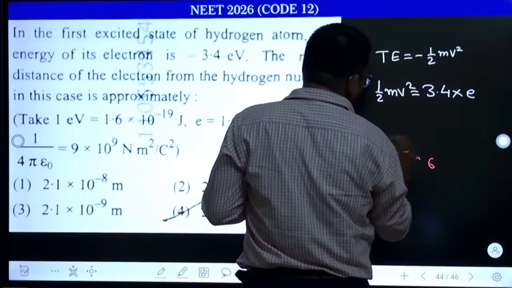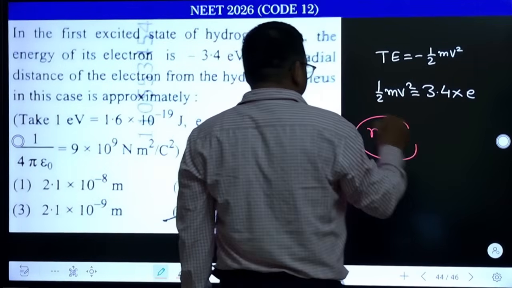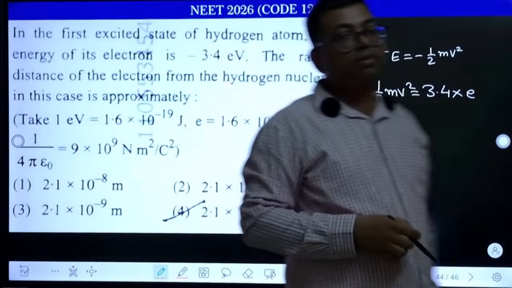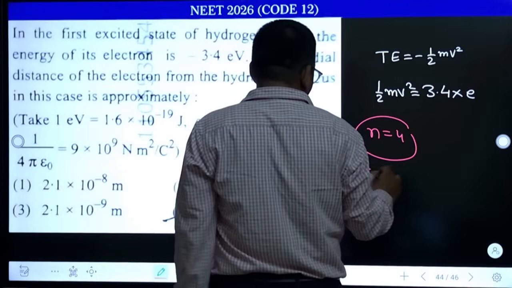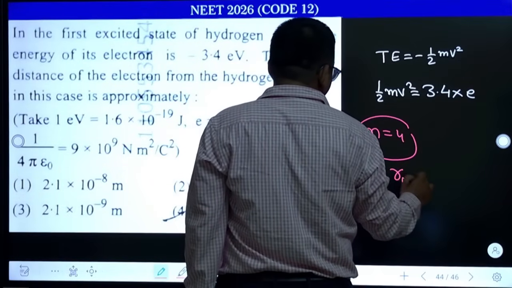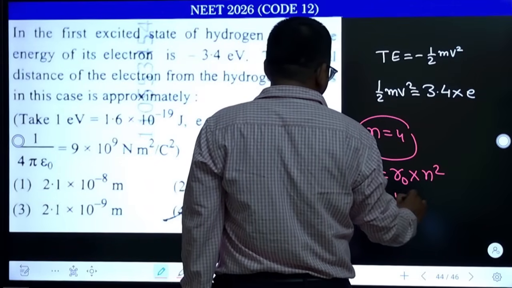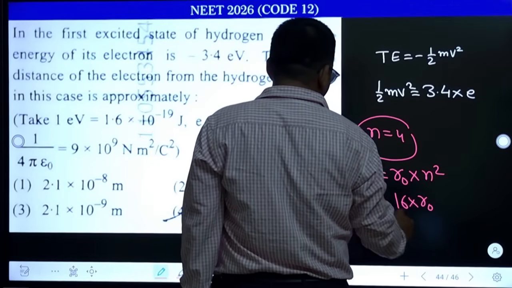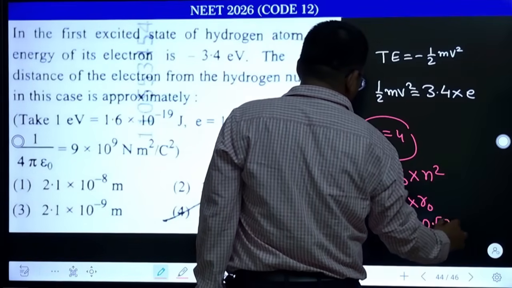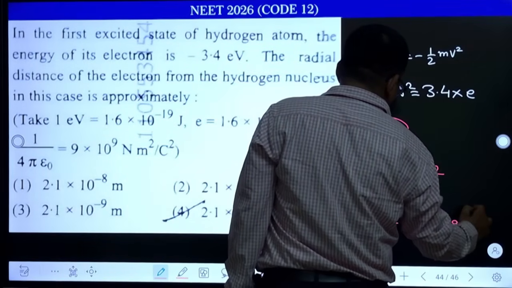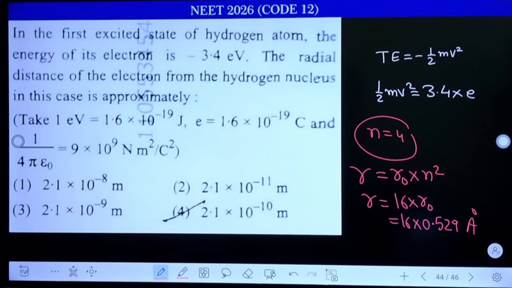So you already know that n is equal to 4. That will help us calculate the radius, because radius is proportional to n square, and original radius times n square means 4 square is 16. So 16 times the first radius. First radius is nearly 0.529 angstrom. Now you can check this calculation.